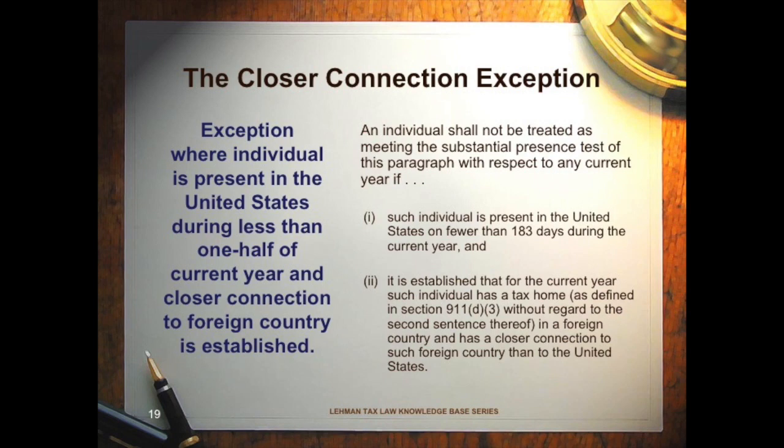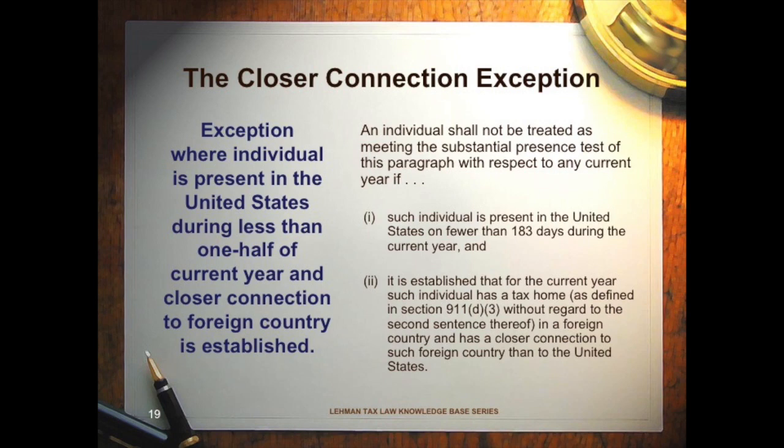The first category is what we call the closer connection exception. And what we're talking about here is that even if a taxpayer is not governed by a treaty, they can spend up to a maximum amount of 182 days each and every year in the United States without being a U.S. taxpayer.